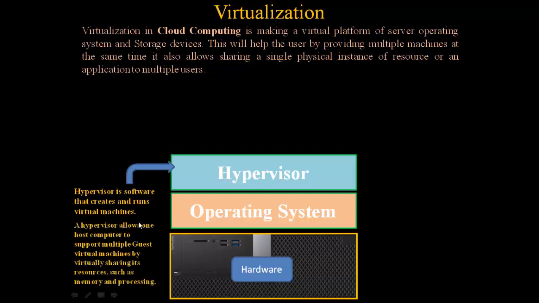A hypervisor allows one host computer to support multiple guest virtual machines by virtually sharing its resources such as memory and processing unit. So now you can install multiple operating systems on the hypervisor. For example, the host operating system is Windows 7, and if you want to install Windows 10, your hypervisor will allow you to install it.